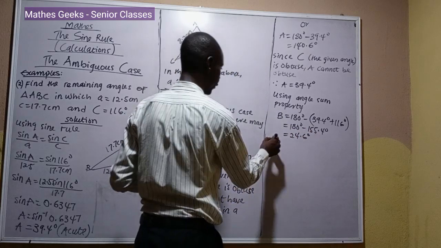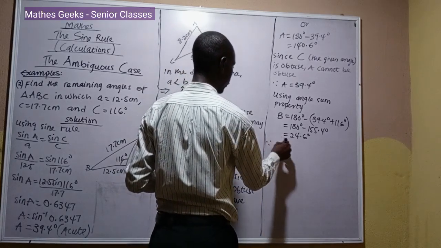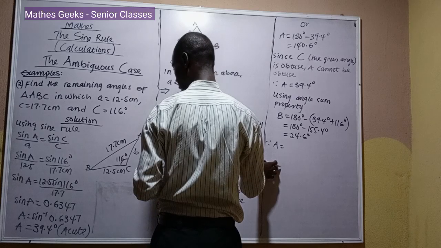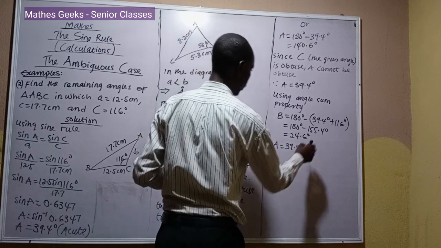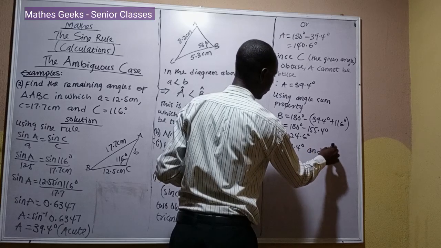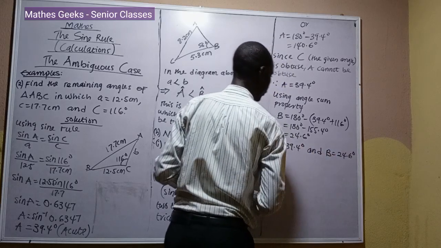So therefore angle A is equal to 39.4 degrees, and B is equal to 24.6 degrees.